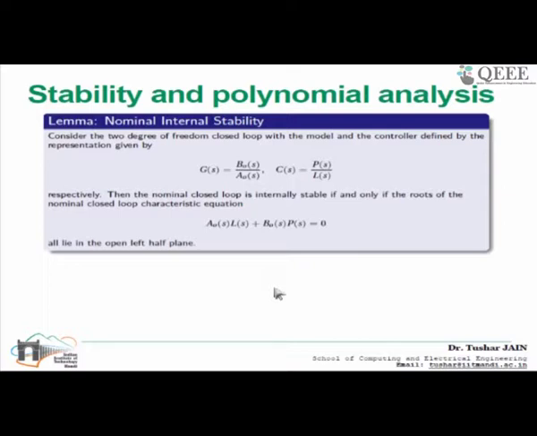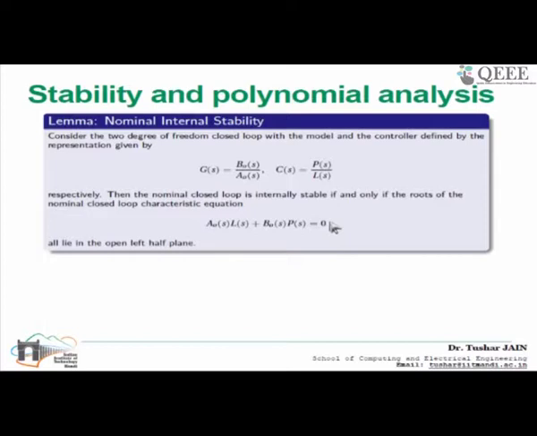Then the nominal closed loop is internally stable if and only if the roots of the nominal closed loop characteristic equation, this one, lie in the open left half plane. This is the result.